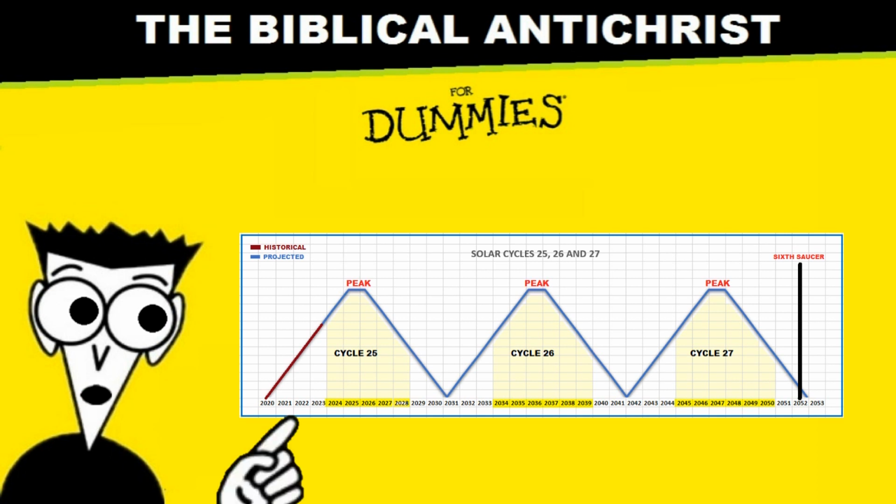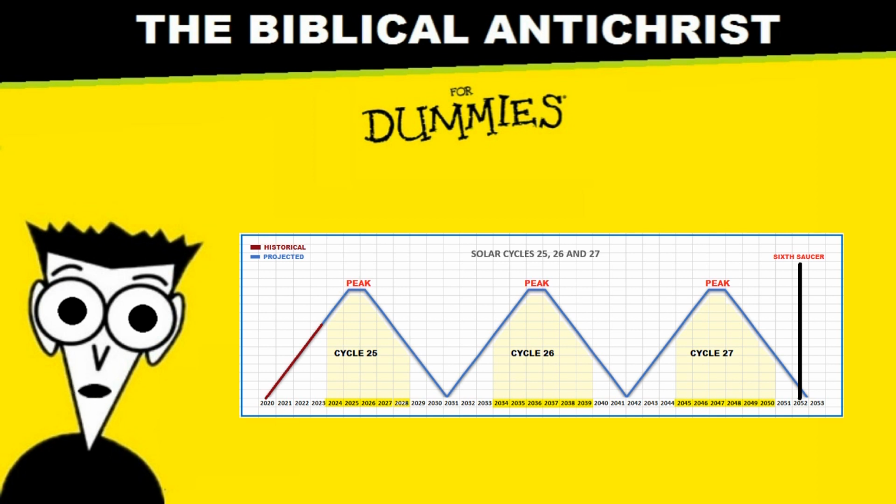In the three solar cycles, solar cycle 25, solar cycle 26, and solar cycle 27, we know that the time frame for the fifth saucer judgment, in all probability, would have to come within the time frame of these three cycles. We are already into the first, solar cycle 25. And the window for its occurrence expires in the 27th cycle.